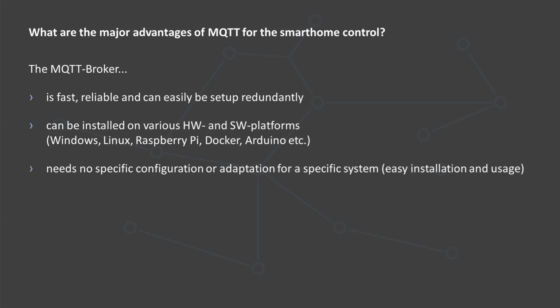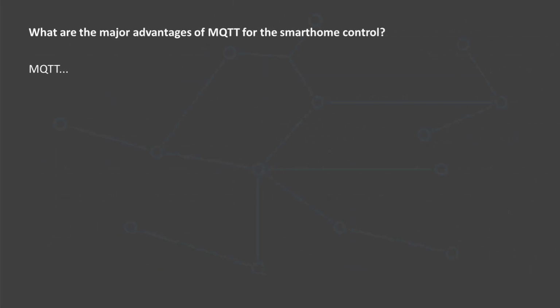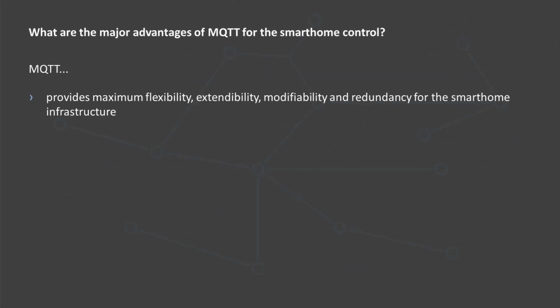For us, its installation is a piece of cake since MQTT needs no specific configuration or adaptation for a specific system. And even nicer is the fact that MQTT needs no modification or maintenance while our smart home system is continuously growing and changing. MQTT provides us a maximum of flexibility, extendability, modifiability and redundancy for the smart home infrastructure.